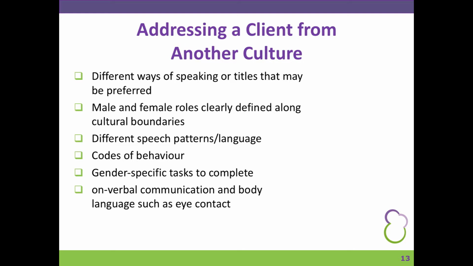The use of eye contact can be appropriate in some cultures, but in other cultures it can be seen as a sign of disrespect. And the use of personal space. Be aware of when you're communicating with clients, not to get too close to them or get within their personal space, because that also can be very off-putting for a person and be seen as a sign of disrespect.